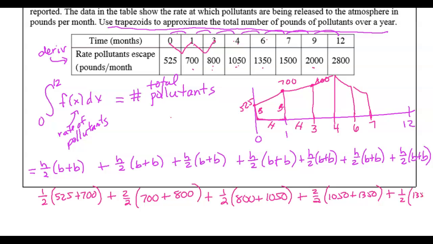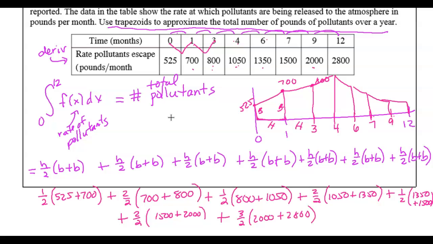So 1350 plus 1500 plus my next height goes to 9. So that's 2. 1500 plus 2000. And these aren't terrible to do by hand. And then my last one, my height is 3. And then 2000 plus 2800. Okay.